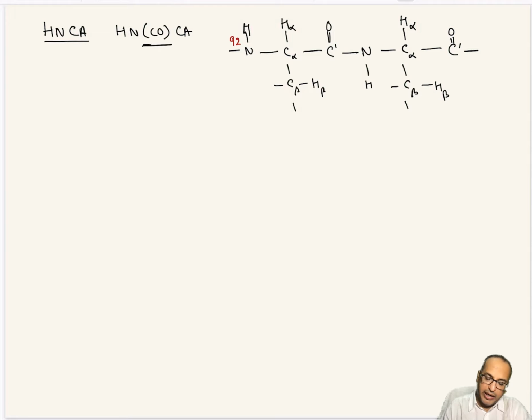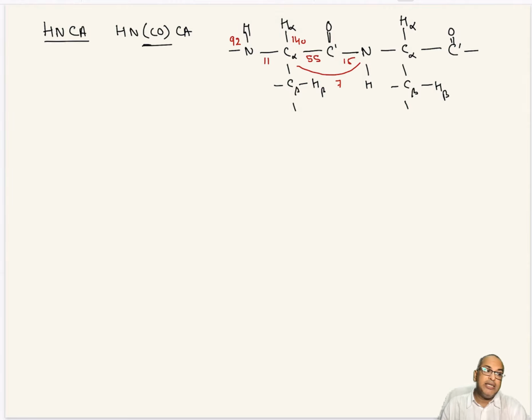Some of them are negative, some are positive, so I'm just writing the magnitude. This is 11 hertz, and all these values are in hertz. This is just to show an example of how these values are different. 55 hertz, and this one is I think 15 hertz, and there is a coupling between these two also, 7 hertz, and so on. I think this should be sufficient to understand the experiment.